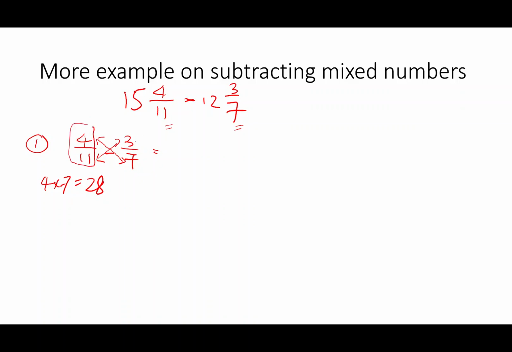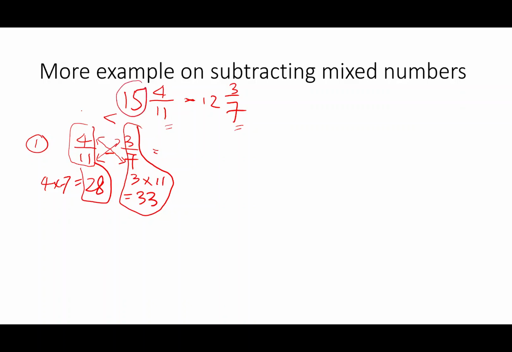The second cross multiplication 3 times 11 is equal to 33. So we write it down under the second fraction. Now by this we know that 28 is less than 33, so therefore the first fraction is smaller than the second fraction. So we have to borrow 1 from 15.